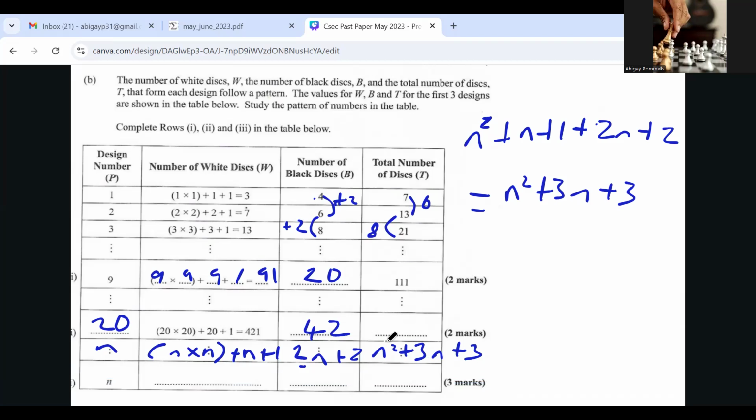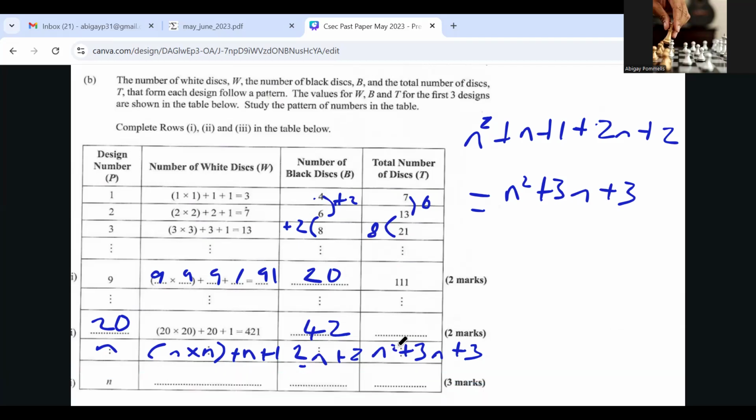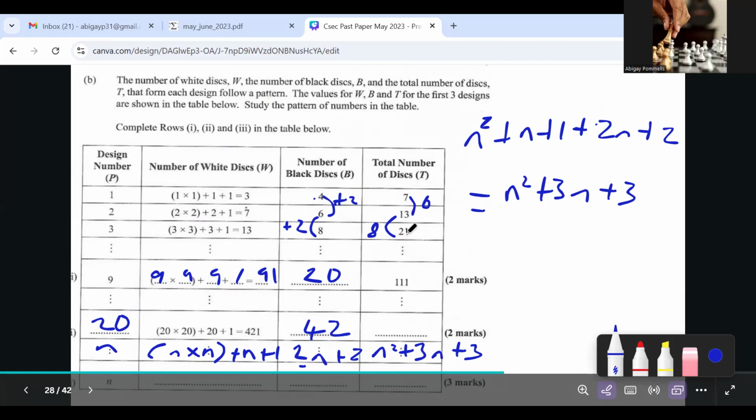Okay, so we got 13. Let's just see if we get 21. 3 squared is 9, plus 9 again, 18. 18 plus 3, 21. All right, so that is correct. So the rule here would be n squared plus 3n plus 3.